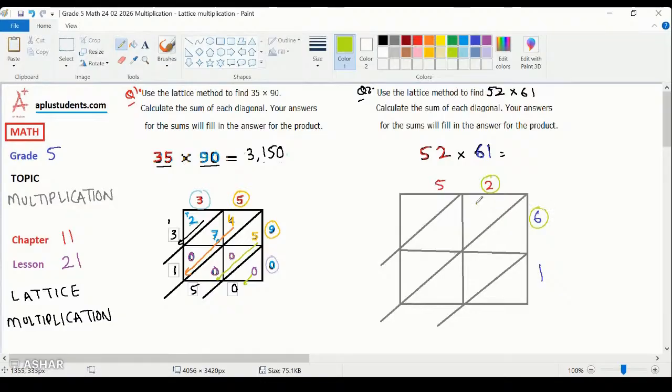So 1 tens and 2 ones. 2 multiplied by 1, sorry, my bad, 2 multiplied by 1 is 2. 2 units and 0 tens. Agreed? Do we have an agreement on that?